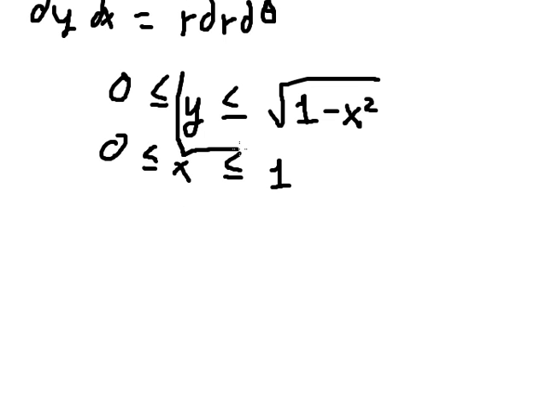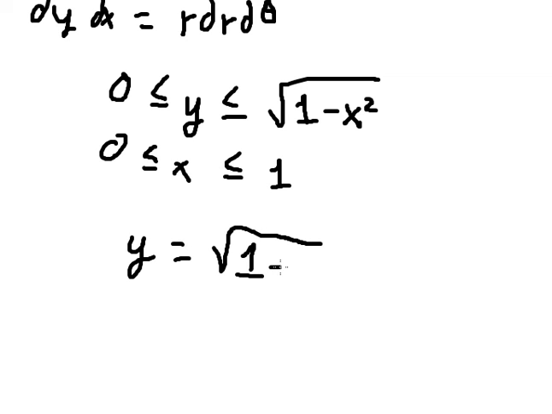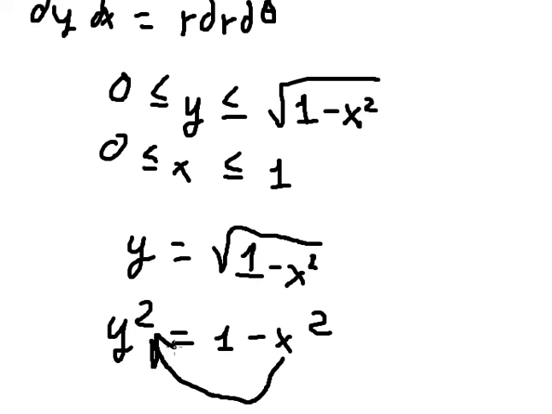Now we just concentrate on this one. So we have y equals the square root of 1 minus x squared. So if we put the power 2 for both sides, we cancel the square root, and we have 1 minus x squared. So this one I will put on the left.